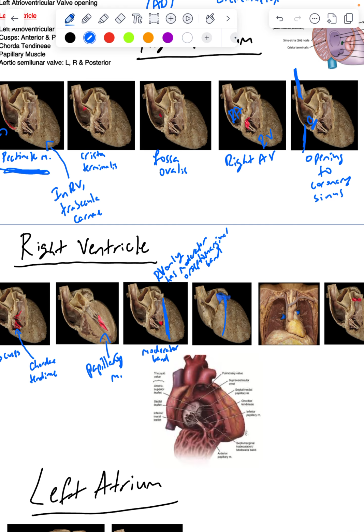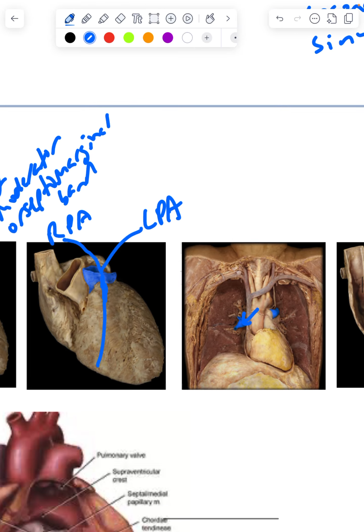And then behind it, so you can't see from this angle, you're going to have a right pulmonary artery, RPA, and then a left pulmonary artery. And this is where they come into the actual lungs. So that's your right pulmonary artery, and this is your left pulmonary artery.